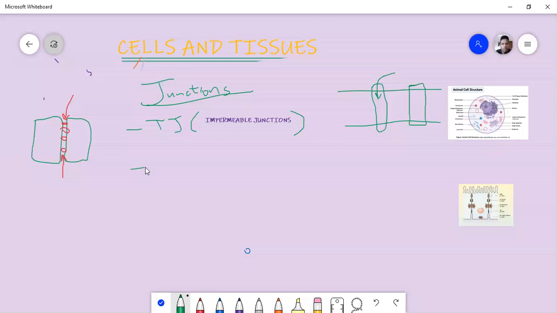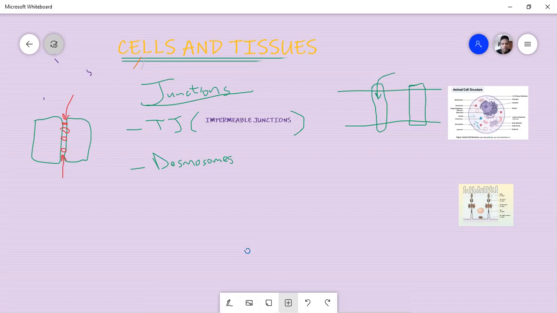Secondly, the second type of junctions that I want you to know is your desmosomes. We spoke about desmosomes when we were doing the integumentary system. In which layer of the epidermis did we say we find the desmosomes? Guys, did you forget?